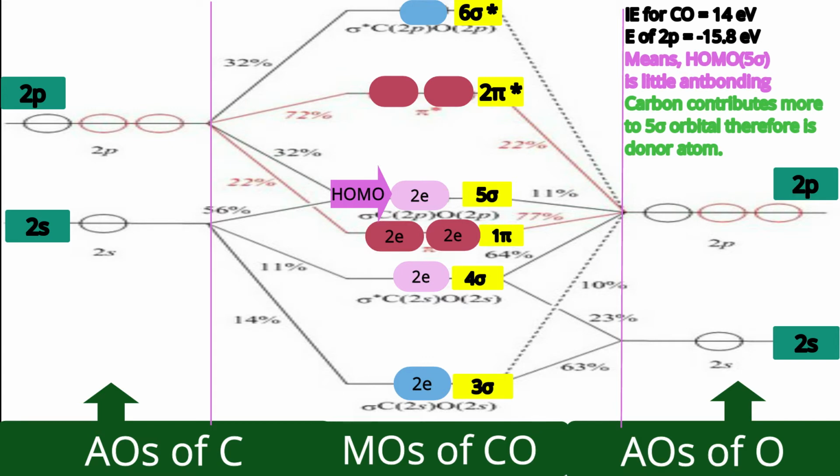So 4 sigma and 5 sigma both have both characteristics. Therefore, I represented them by a separate color, that's a pink coloration. Overall, if you see, the 4 sigma orbital has more bonding character and the 5 sigma orbital has more anti-bonding character.